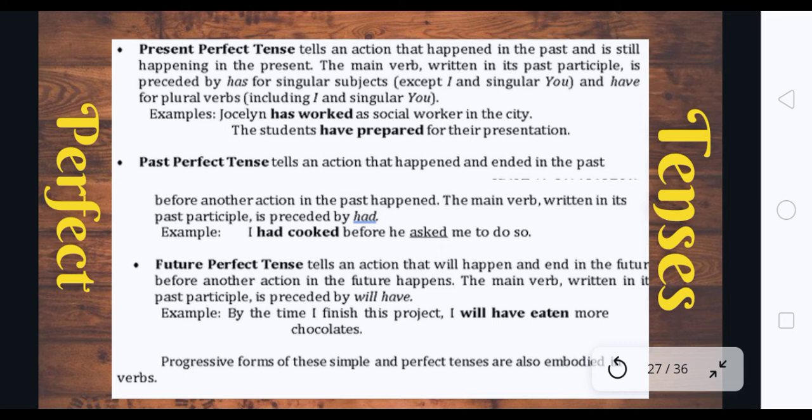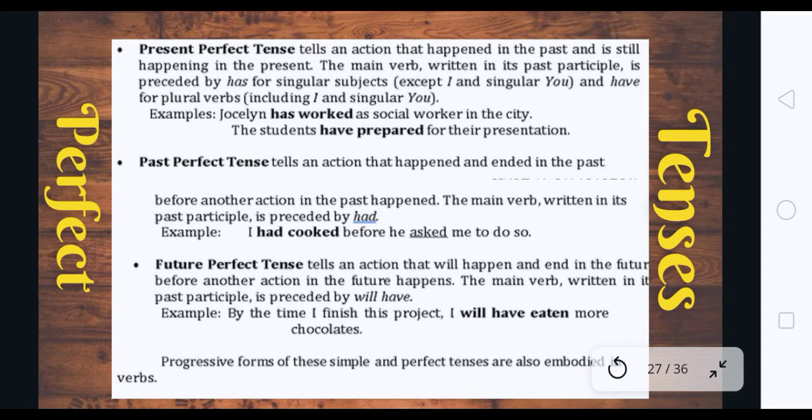Past perfect tense tells an action that happened and ended in the past before another action in the past happened. The main verb, written in its past participle, is preceded by had.